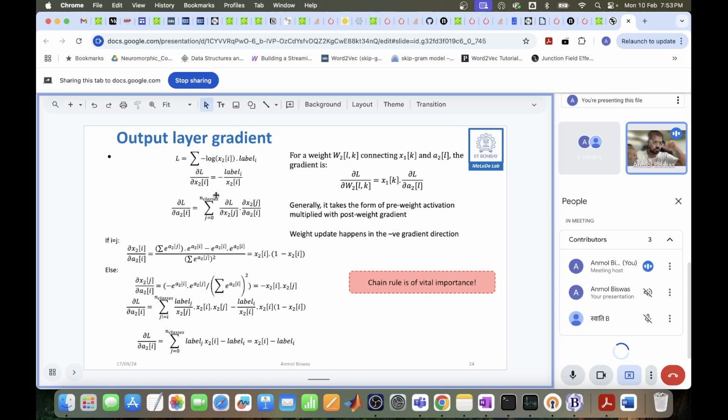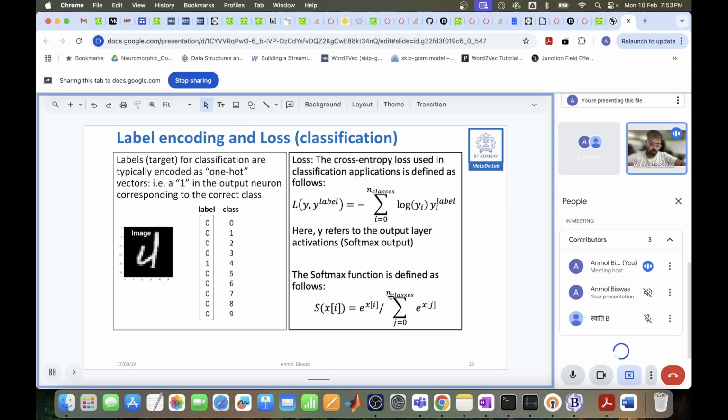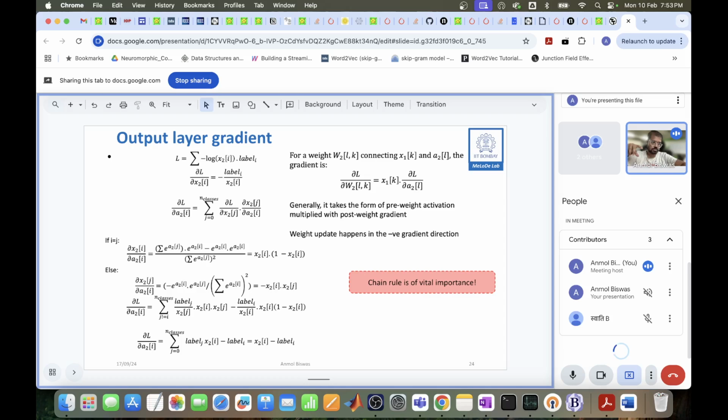So j is the summation over everything, and because this softmax function is normalized, this denominator makes it so that the post-activation of any element in this softmax is dependent on the pre-activation of every element in that same layer, right?